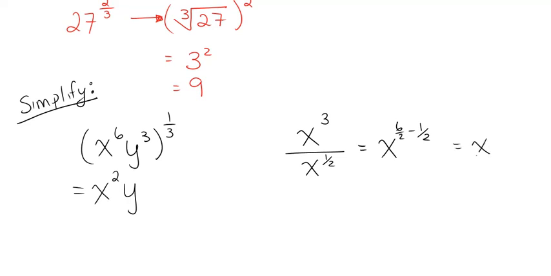So we could write that as 5/2. And then we could just leave it like that, or we also could write it in radical form. So it would be the square root of x to the power of 5, if we felt like writing it like that.